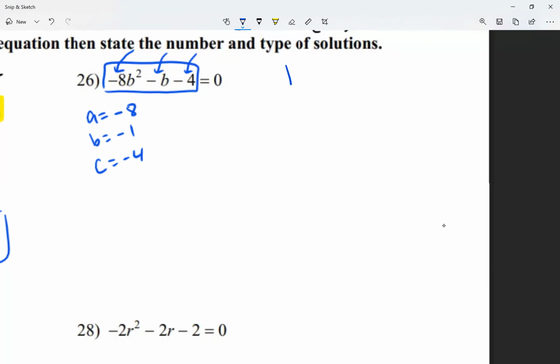I remember the discriminant formula, b squared minus 4 times a times c. Because b is negative 1, let me write it all inside parentheses. So negative 1 squared minus 4 times negative 8 times negative 4. I replace my values of b, a, and c.